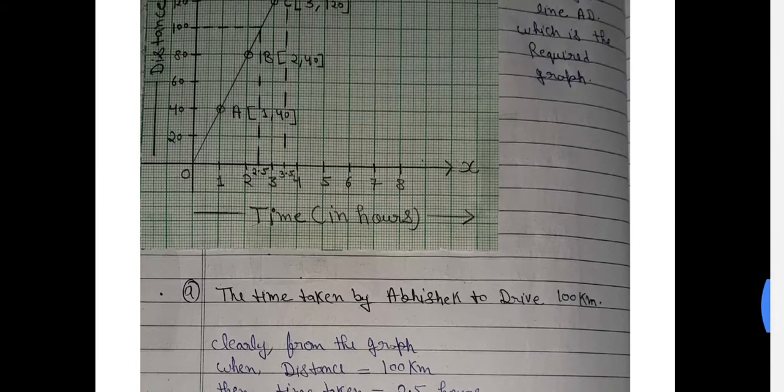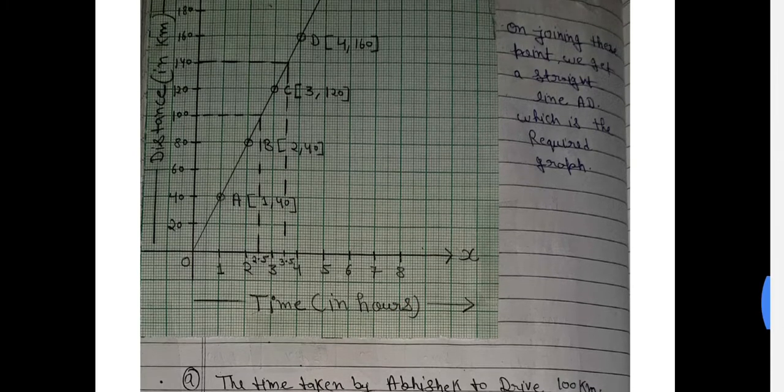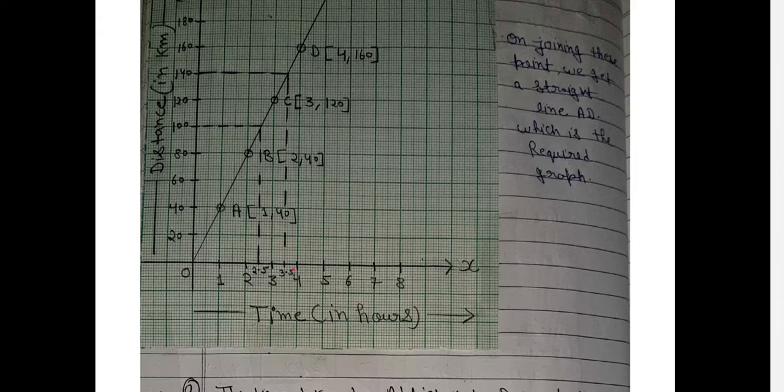Now the second question: the distance covered by him in 3.5 hours. Time is given as 3.5. From 3.5 you have to draw a straight line which will cut the graph here. Now draw another line, and it will cut around 140.